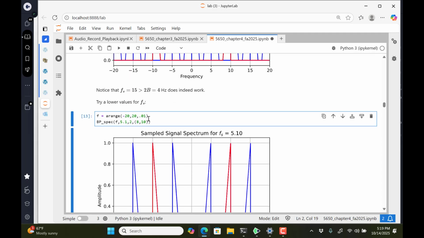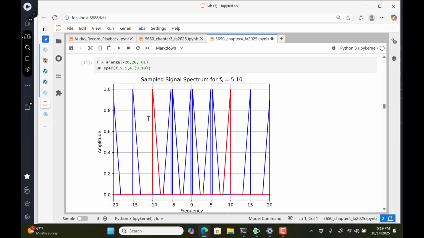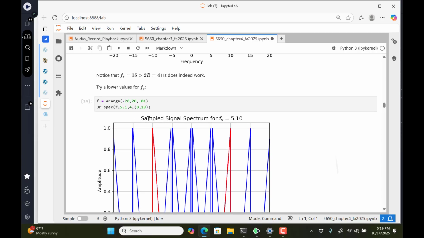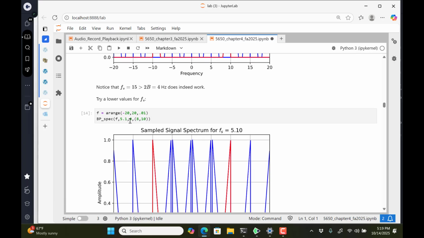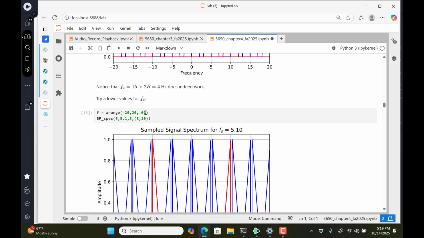So 4. It's still lacking, right? It doesn't have enough. I'm looking from minus to plus 20. I should see the same thing everywhere because everything's supposed to be periodic. So I just put in 8, and that showed what I was hoping to see.